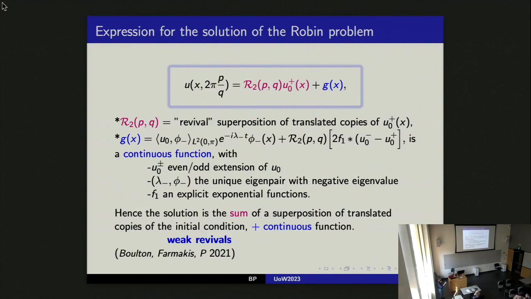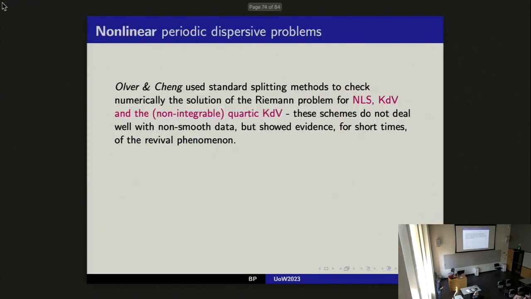So you can write the solution as a part that is a pure revival, like the periodic revival, plus another function, which is given explicitly here, is due to the unique negative eigenvalue, and it's continuous. And so this is an example of linear weak revival. But in fact, this weak revival is all over in the nonlinear problems. That's why we wanted to make this notion clear.